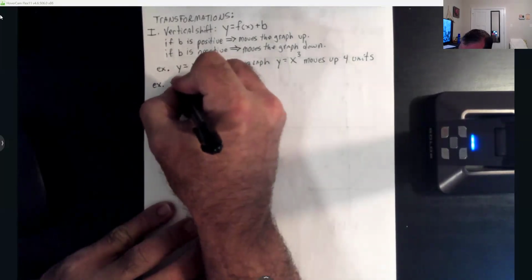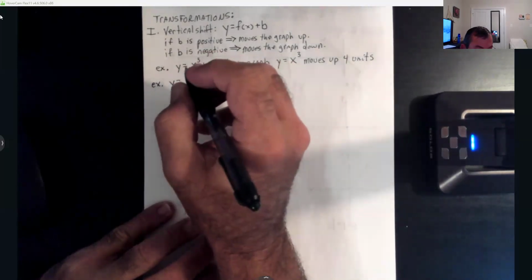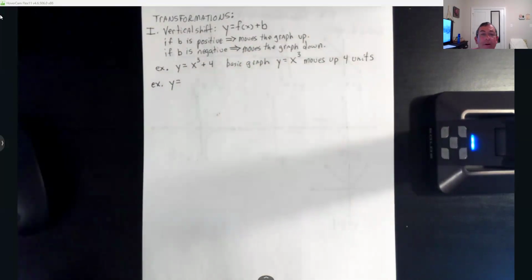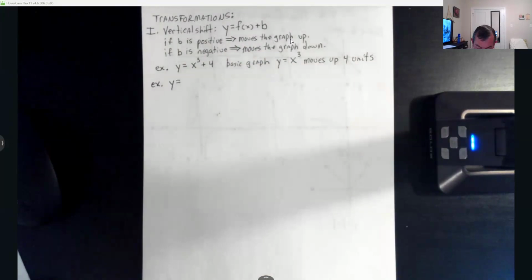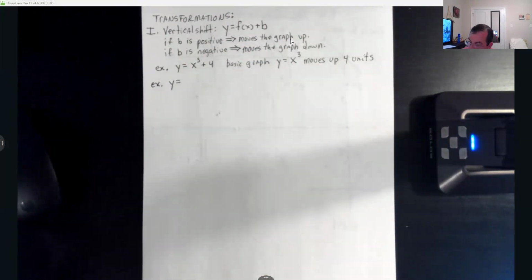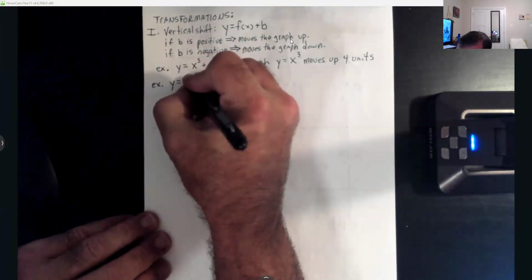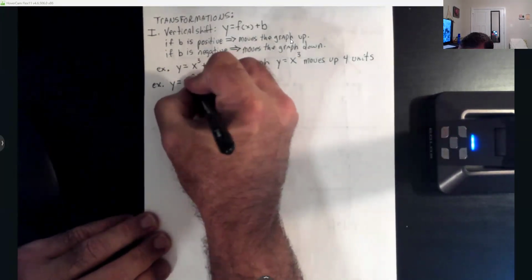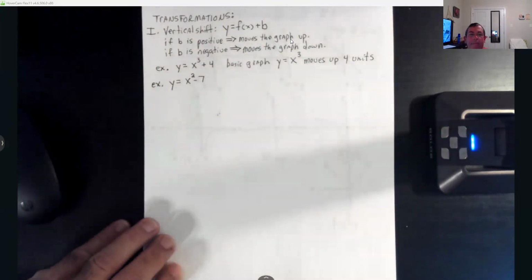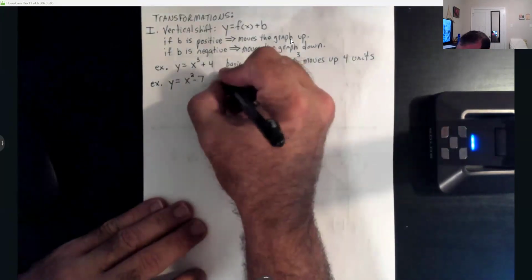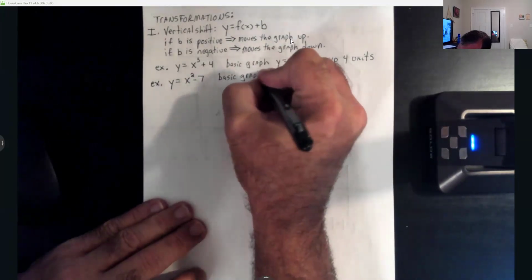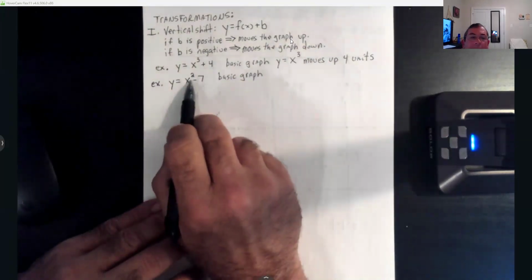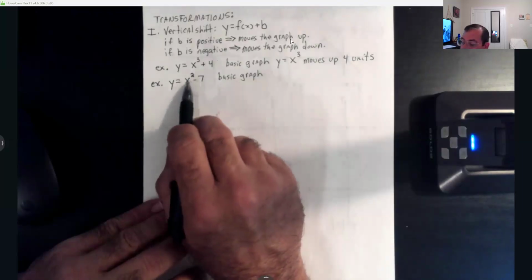How about this one? Y equals x squared minus 7. So the basic graph is going to be the x squared because you see an x squared in the function here.